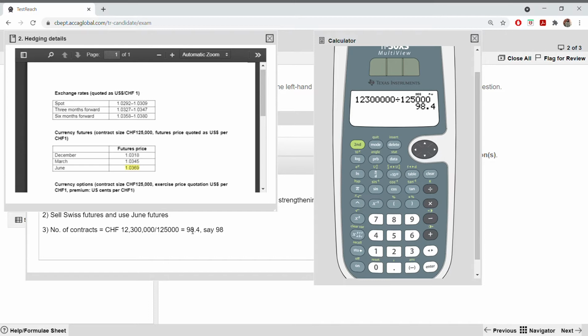You have to write that 98.4, the actual number, because you might need the 98.4 later sometimes. For over hedging and under hedging, it will tell you whether you have over hedged or under hedged. Okay, so this is important.